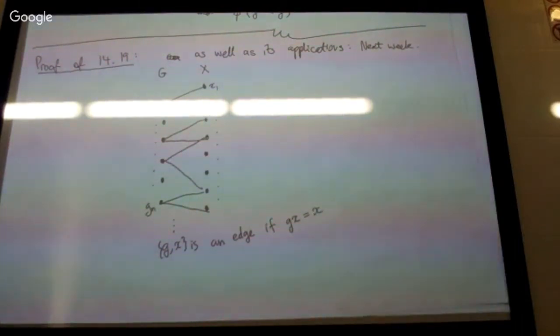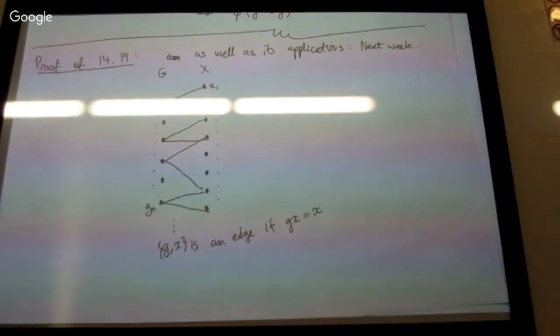So if g sends x to itself, then I'll put an edge.